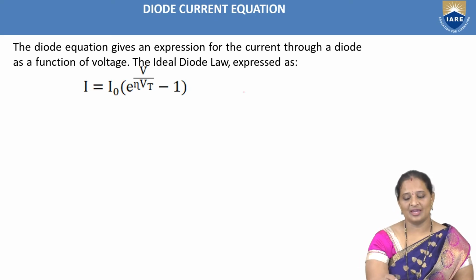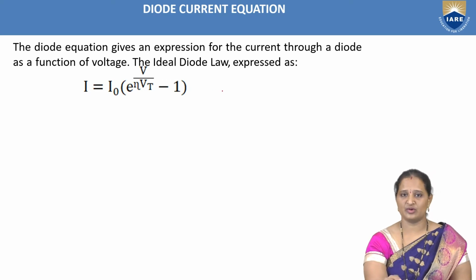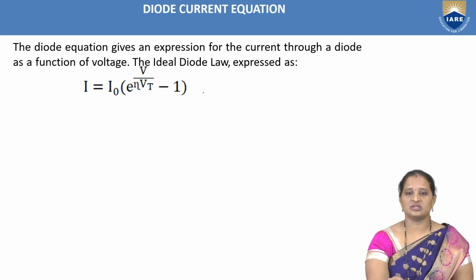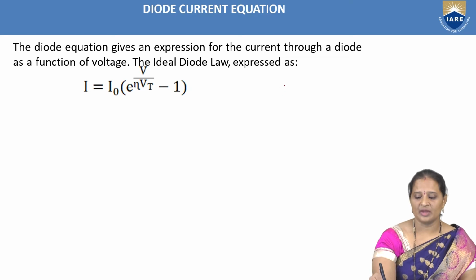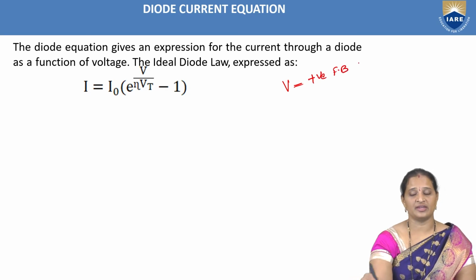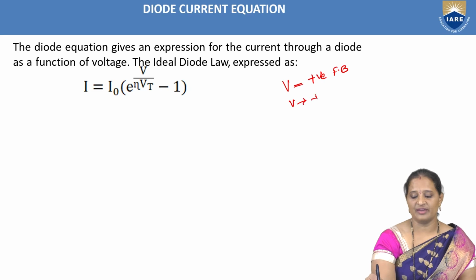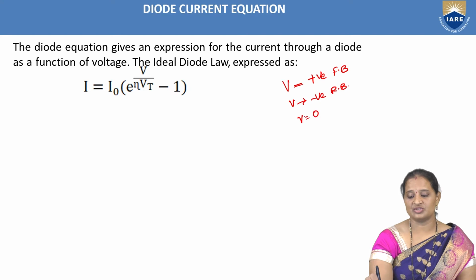This equation holds good for all three conditions: when the diode is open circuited, meaning no voltage is applied, and also under forward bias and reverse bias conditions. We have to consider the applied voltage V as positive for the forward bias condition of the diode, V as negative for the reverse bias condition, and V as 0 for the open circuited condition.